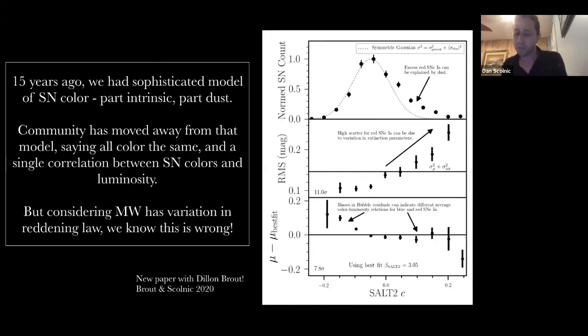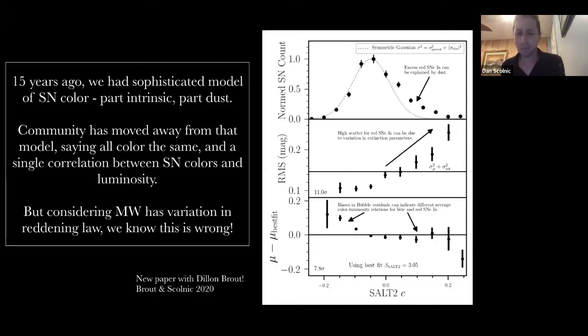Now, what we show on the right, so this is using a Pantheon Plus sample. This is a histogram of the color, and what you can see on the top right is that there's this extended rightward tail that looks like an added dust distribution.